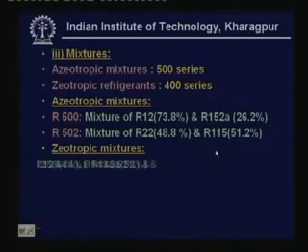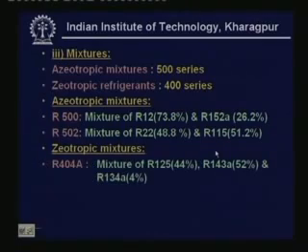Next come zeotropic mixtures, for example R404A. Again the digit 4, that means the 400 series, means that it is a zeotropic mixture. It is a mixture of R125, R143a and R134a. Here the capital letter A does not mean that it is an isomer.